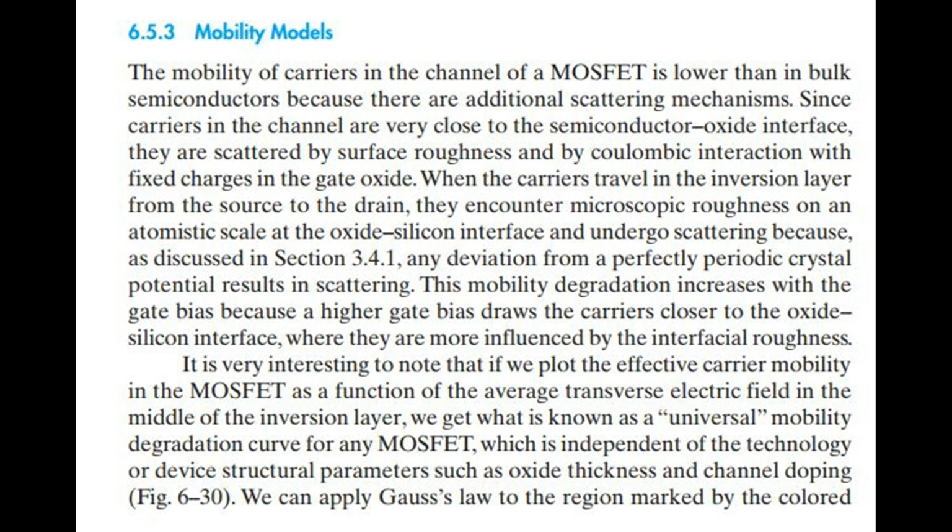It is very interesting to note that if we plot the effective carrier mobility in the MOSFET as a function of the average transverse electric field in the middle of the inversion layer, we get what is known as a universal mobility degradation curve for any MOSFET, which is independent of the technology or device structural parameters such as oxide thickness and channel doping, Fig 630. Figure 630.